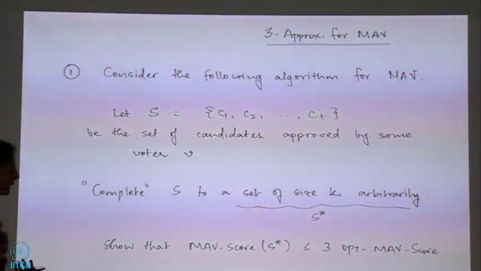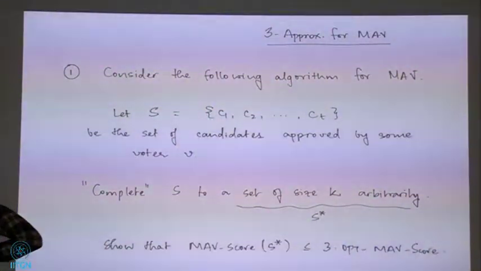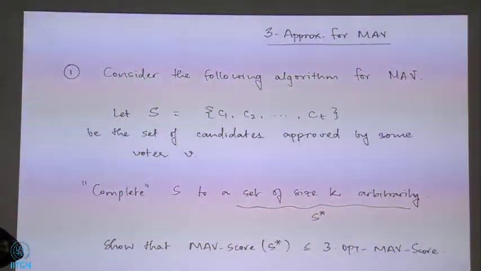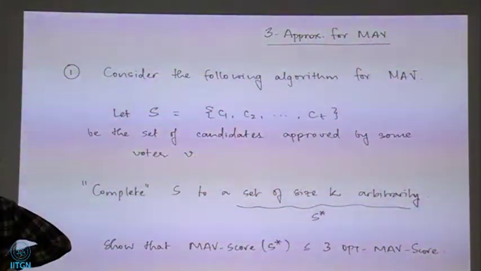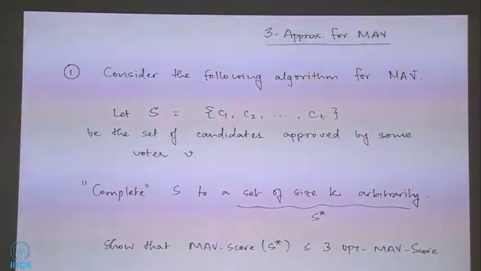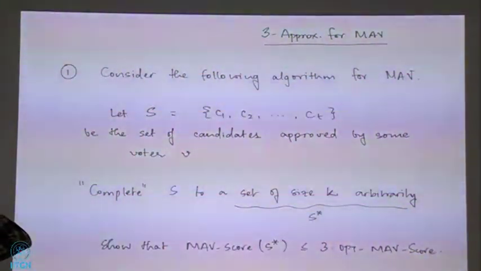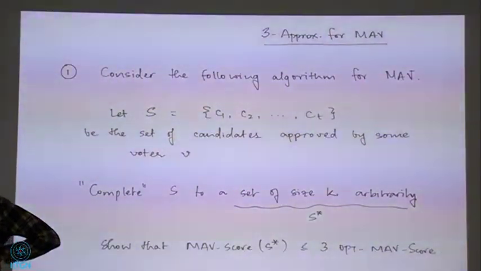If that subset has size exactly K, then I just return that as the committee. And if that subset has size more than K, then I'm just going to knock off some people arbitrarily. So let's say the number of people that this voter approves is K plus L, then I'm going to remove L people, not randomly but arbitrarily, and return the remaining K.